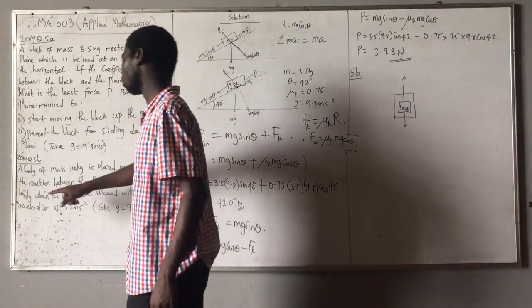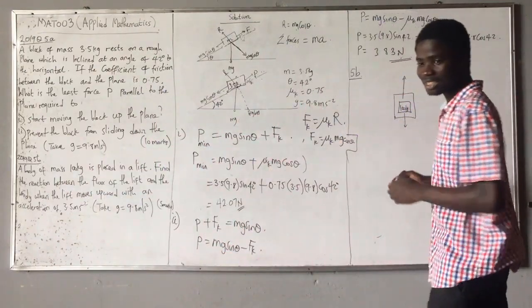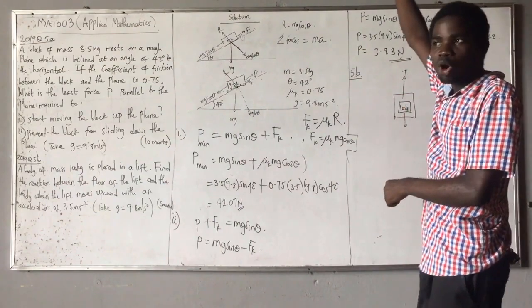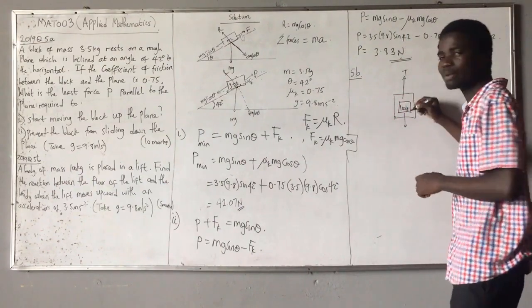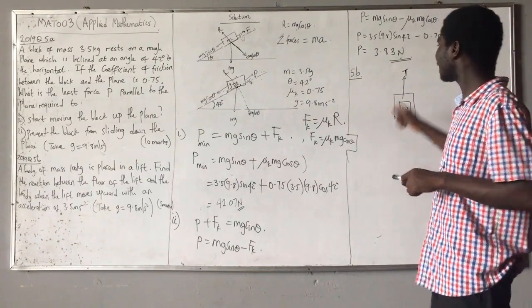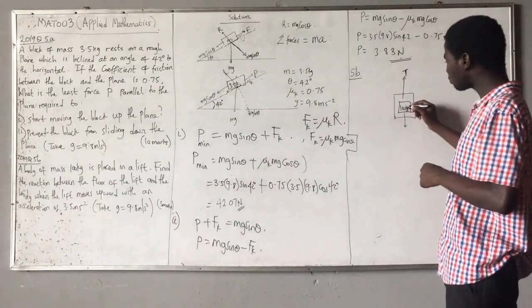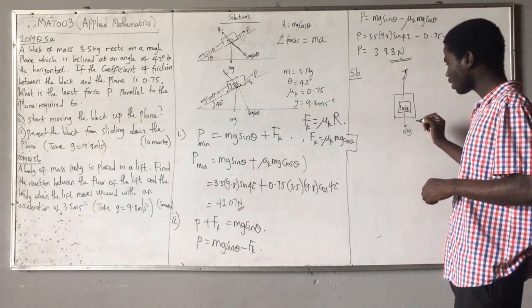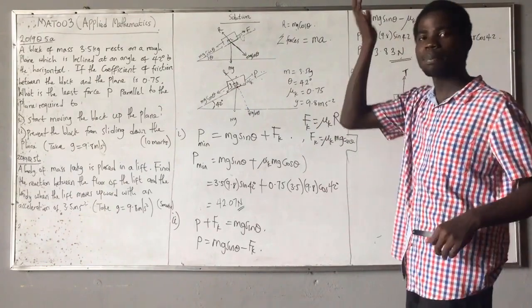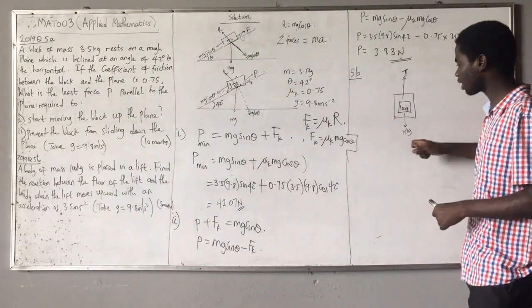Find the reaction. See, the reaction they are asking me to find is this one. What is pulling this thing up is tension. The force on the rope is called tension. So that's the reaction they want me to find. And what is pulling this thing down is the weight. So if the lift is moving up, it means that this tension is greater than mg.